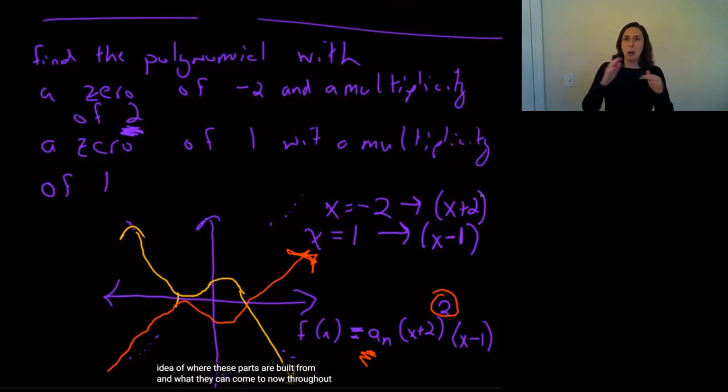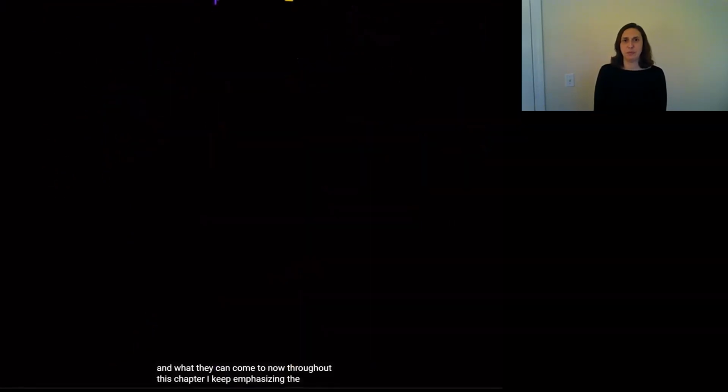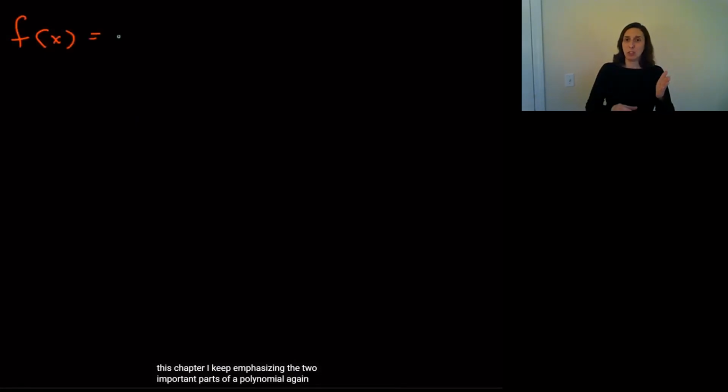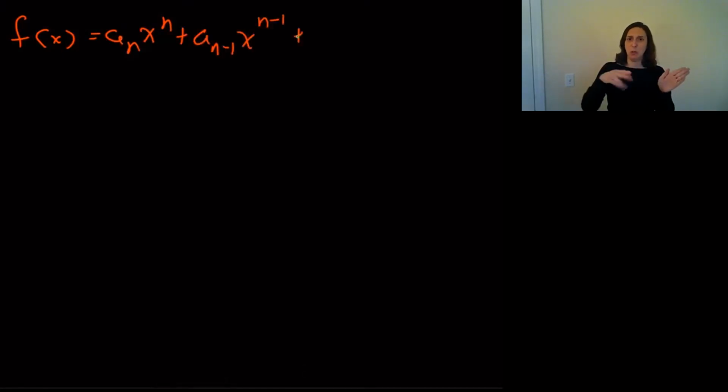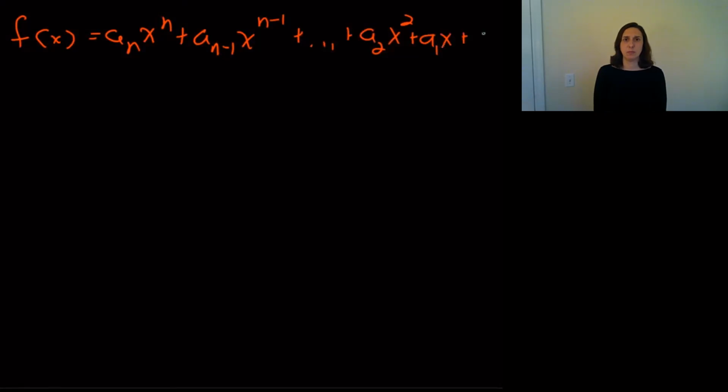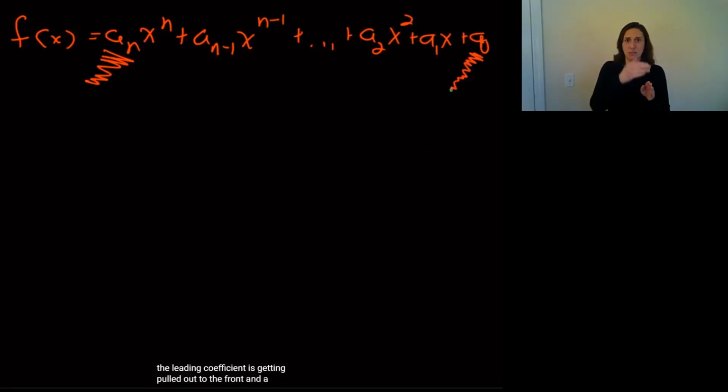Now, throughout this chapter, I keep emphasizing the 2 important parts of a polynomial. So again, I'll go back to my general form of my polynomial here. The leading coefficient is getting pulled out to the front. And a sub 0 helps tell us what's going on in the middle.